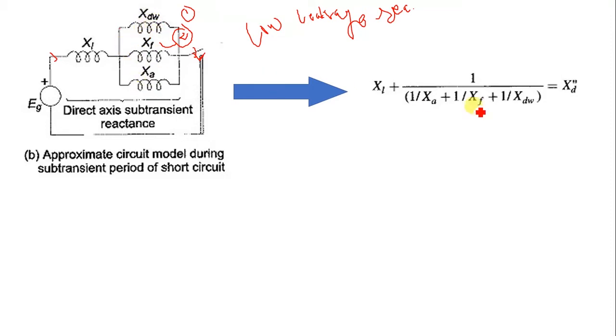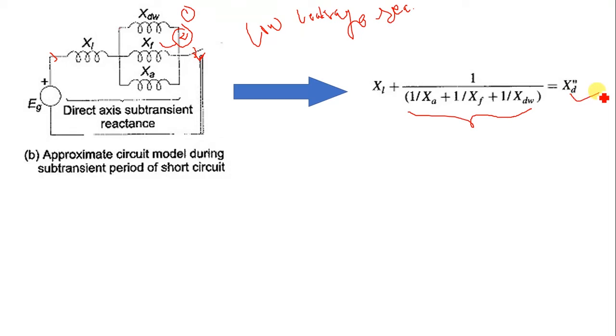So how we can solve this? So this is the solution of three reactances connected in parallel plus XL, that will be your XD double dash subtransient reactance.